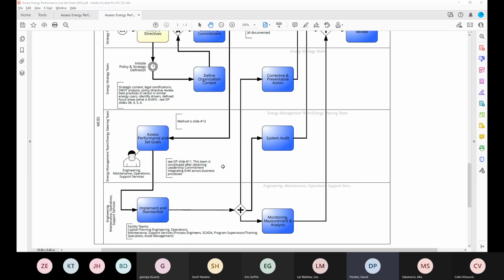And then you have a plan for conducting the audit. What is the process? What is the timeline? And you go out, you do the data collection.